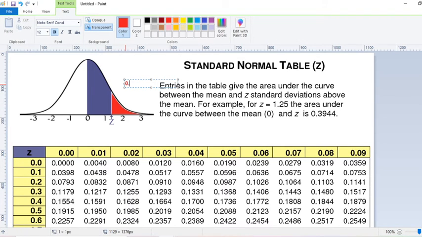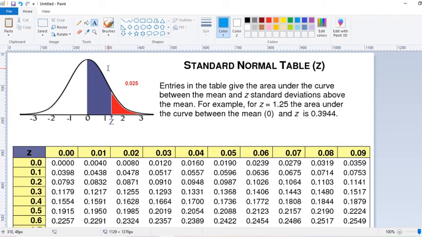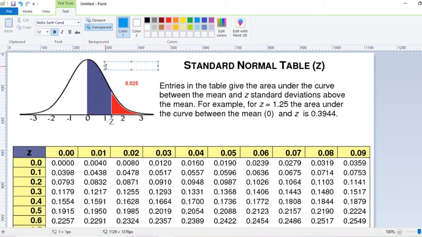Suppose this is 0.025, then the blue region will have the area, subtract 0.025 from 0.5, because half the region is considered, that equals 0.475.